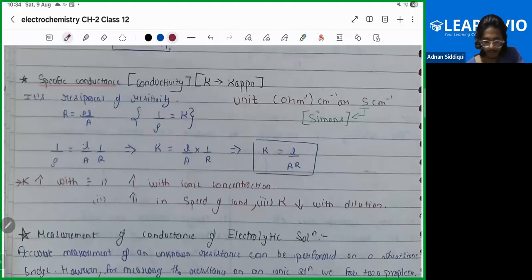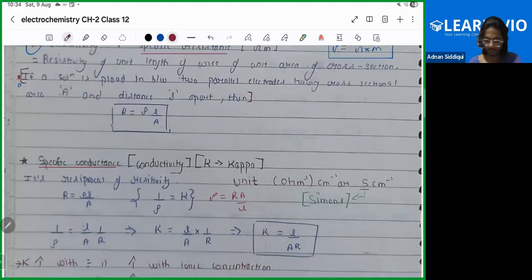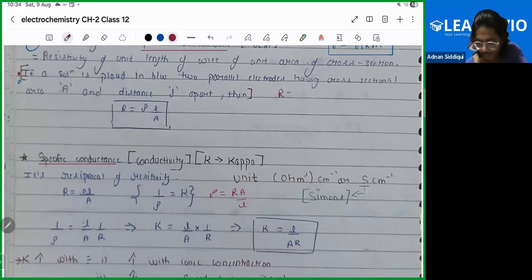So the resistivity is given by what? Resistivity is R A by L. And if you take the reciprocal of it, what are you going to get? The reciprocal of this is your kappa, which is conductivity. Is it clear? Or do I need to write it? Let me write it. So we started with this. Then we took only resistivity. And what is conductance?